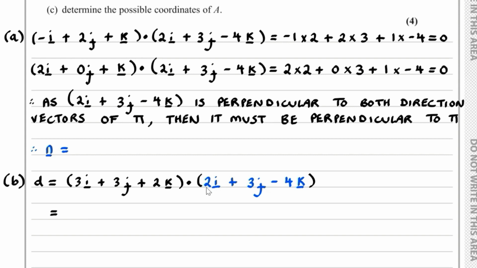So we've got 3 times 2 plus 3 times 3 plus 2 times minus 4, 6 plus 9 minus 8 is 7.